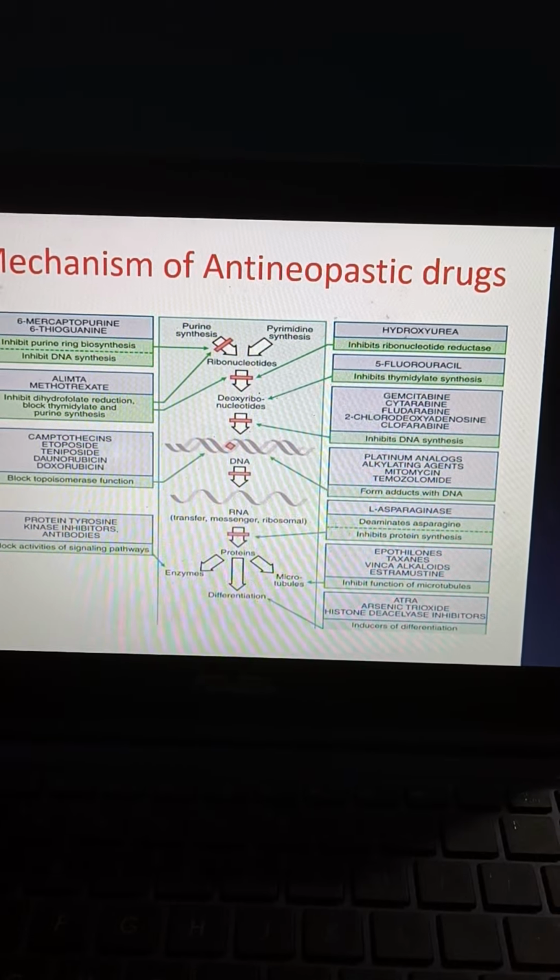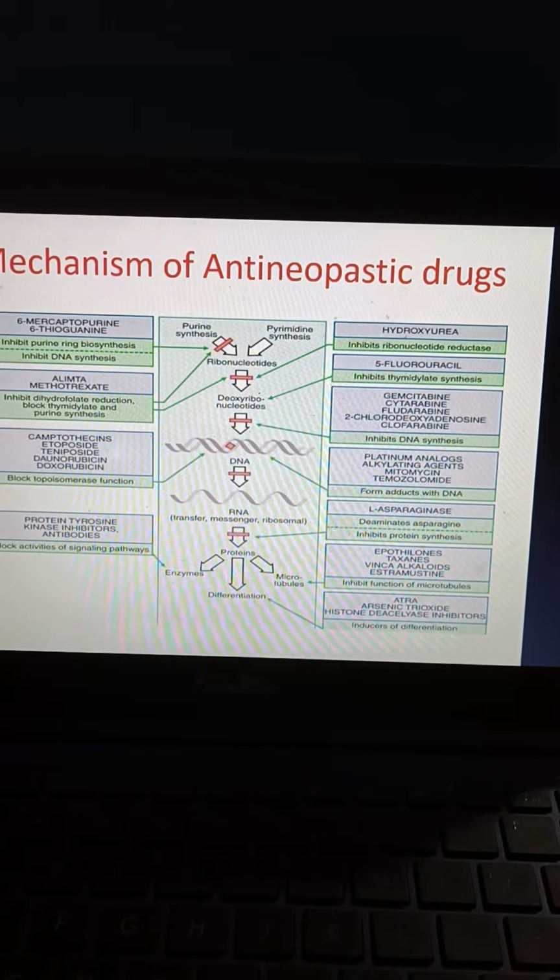Another group is epipodophyllotoxin, a topoisomerase 2 inhibitor that acts on G1/S phase, for example etoposide. Then taxanes act on M phase: albumin-bound paclitaxel, docetaxel, and paclitaxel. Vinca alkaloids also act on M phase, for example vinblastine, vincristine, and vinorelbine. Then antimicrotubule inhibitors act on M phase. These are all cell cycle specific agents.